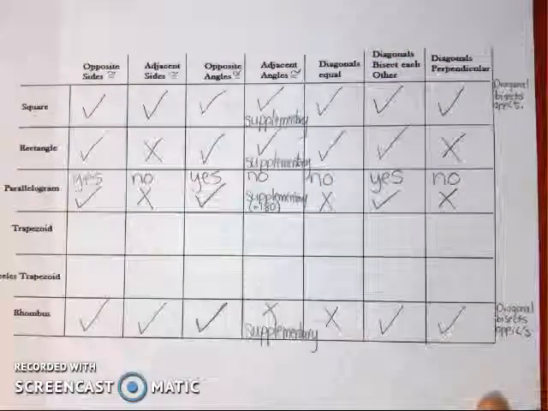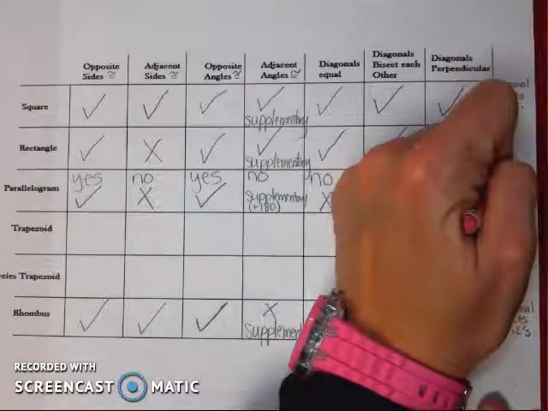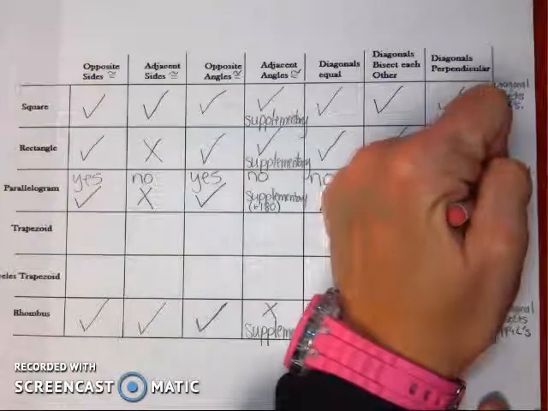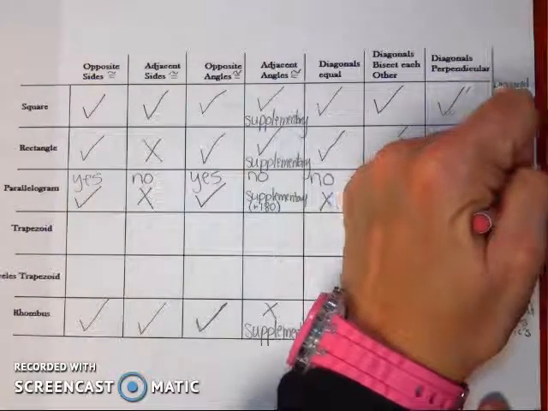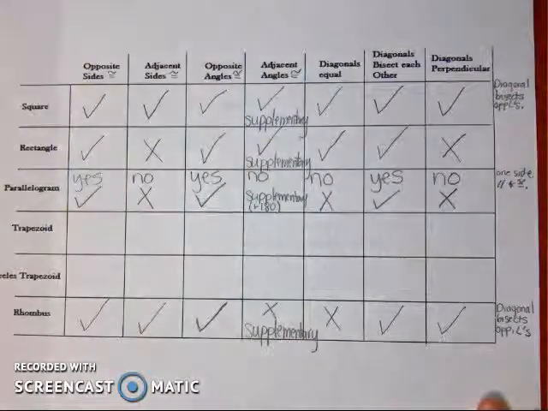And there's another one that I want to add to parallelogram. It's a property that if it's true, then it makes it a parallelogram. So if you have one side parallel and congruent, then we can make it a parallelogram.